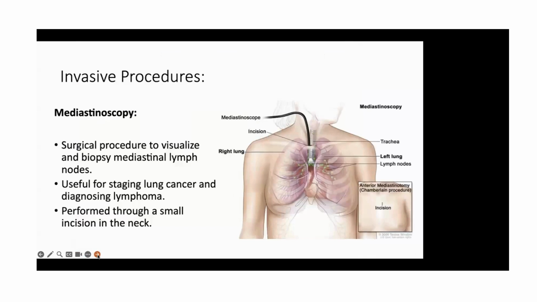So next, we have talked about imaging studies, and now the next step is invasive procedures and the diagnosis. There are a couple of invasive procedures that we sometimes obtain in case of a mediastinal mass. We need to have a biopsy, because just based on CT or MRI, it would be difficult to understand the nature.